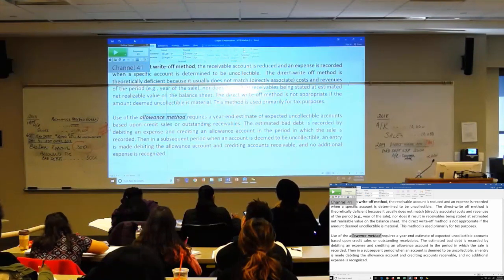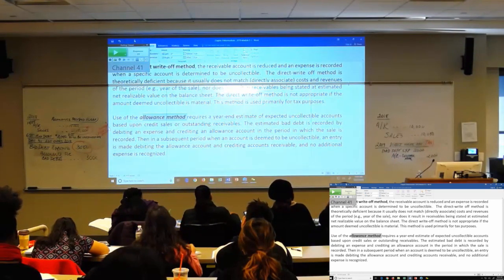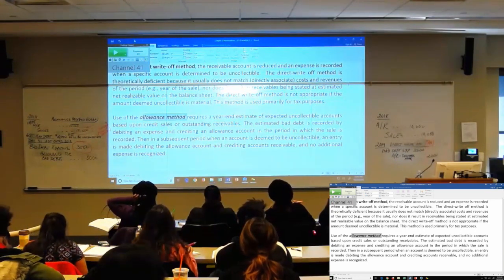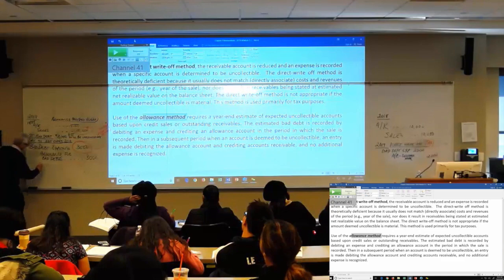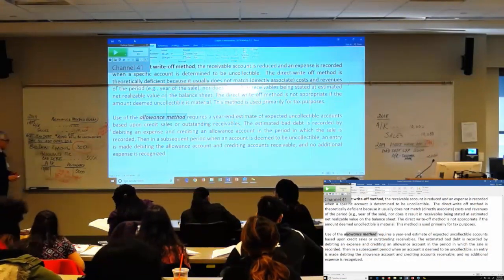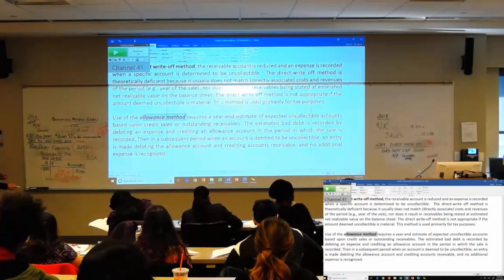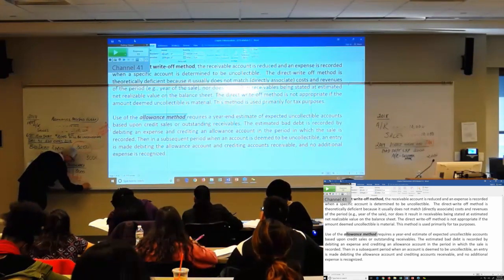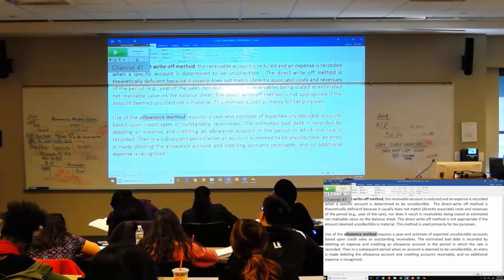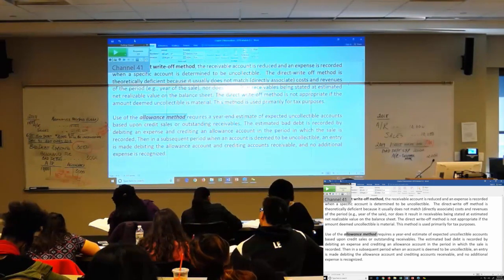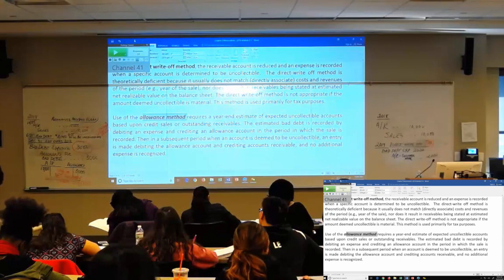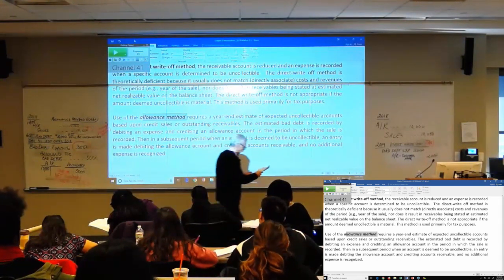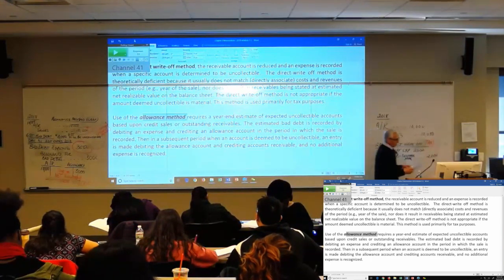So it properly measures the revenue and properly measures the expenses. Then at the same time, the cash or net realizable value in this case is $7,000. So that will properly value receivables at the minimum amount that you expect to collect in cash.